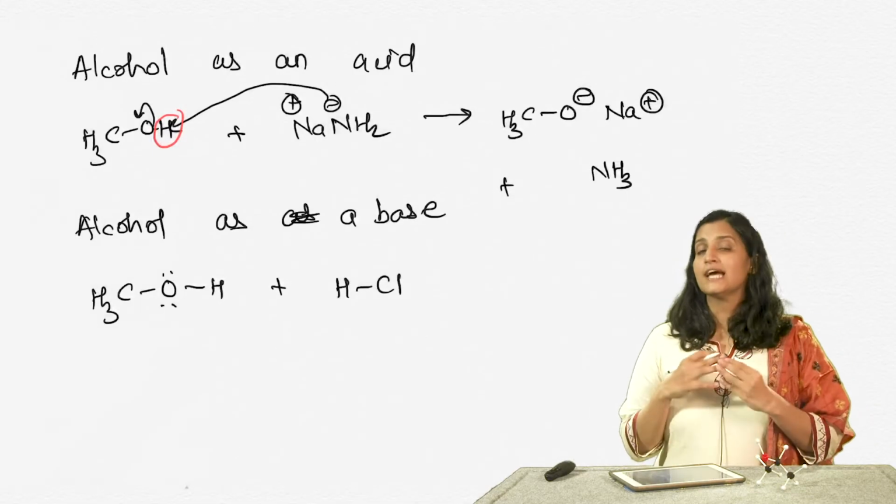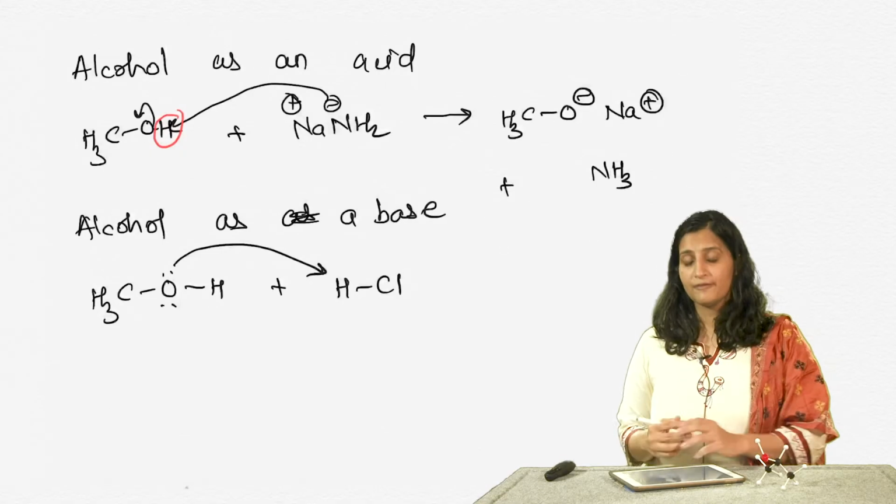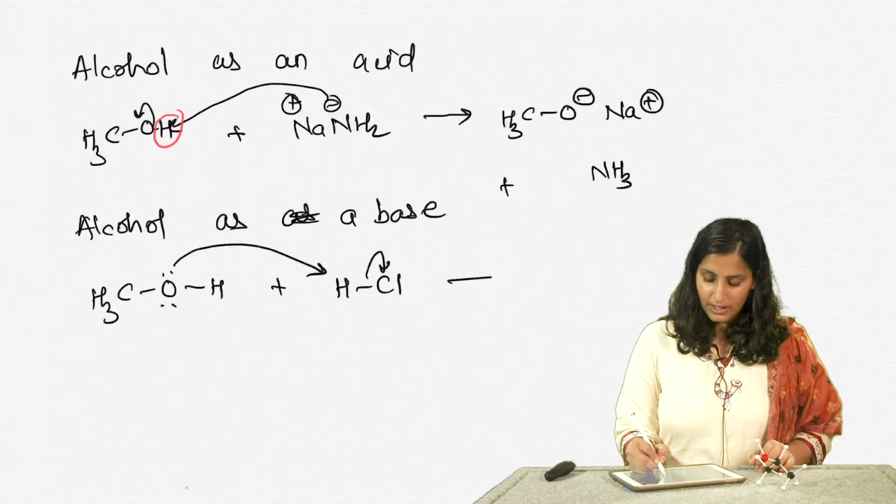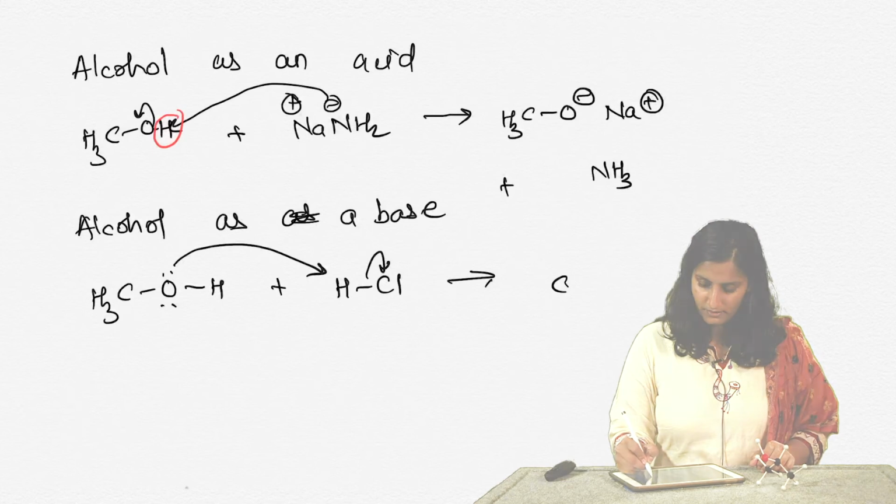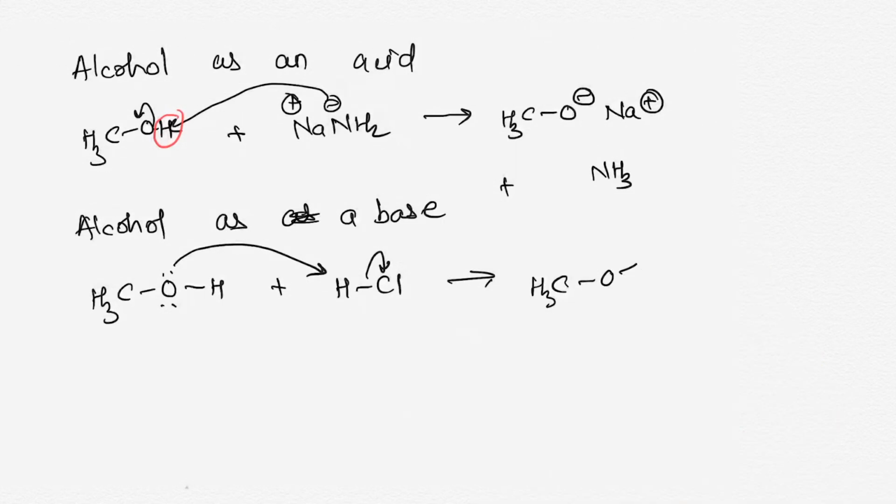What you will see is that the OH will attack the proton of HCl and will get protonated, forming a protonated alcohol molecule and Cl minus. Right. So, that OH functionality can act as an acid, and it can also act as a base.